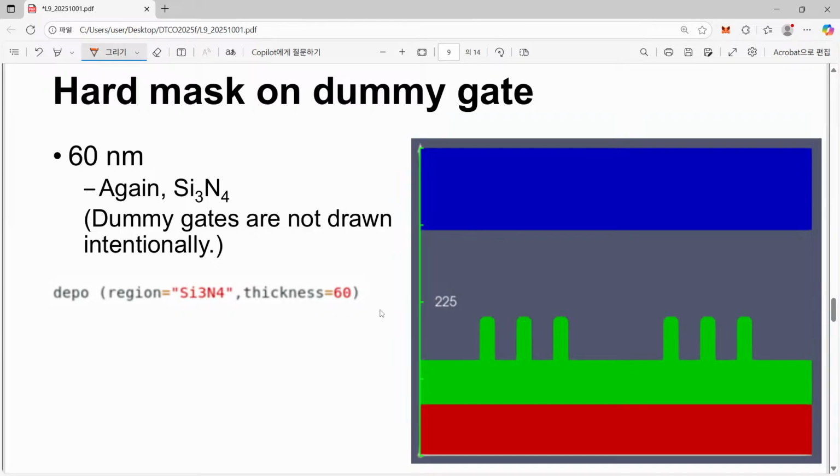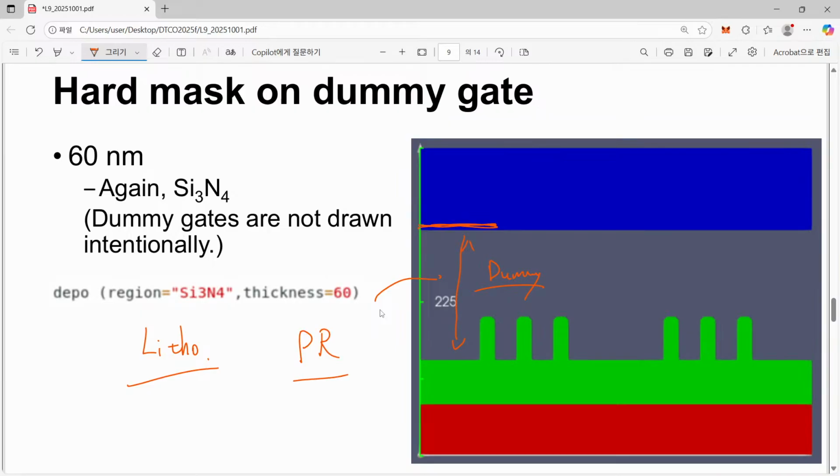Here this part corresponds to the dummy gate, and now we want to make a pattern on this dummy gate. Yes, let's do it, but this is not the way we do it. Whenever we do this kind of lithography, the only thing that can be patterned is photoresist.